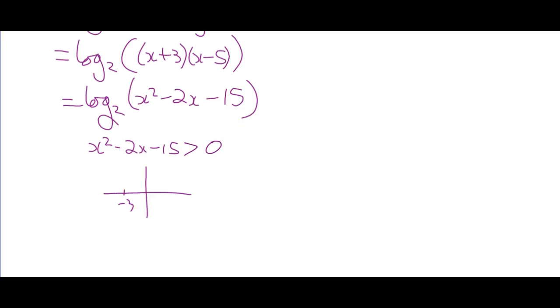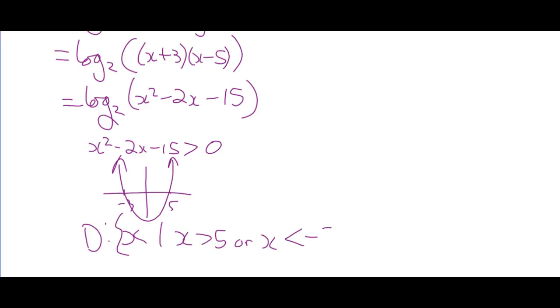So we've got a negative 3 and a 5. So what can I say about x? So x is greater than 5, or less than negative 3. Right, and that'll give me a positive value, and then we're good.